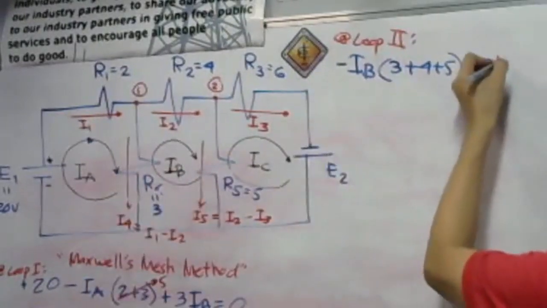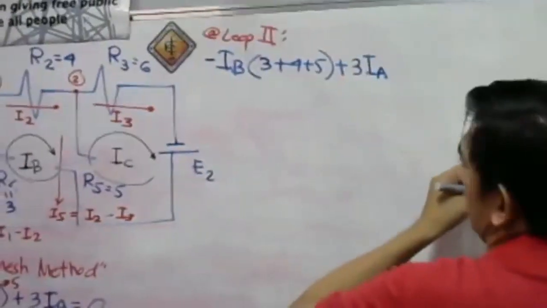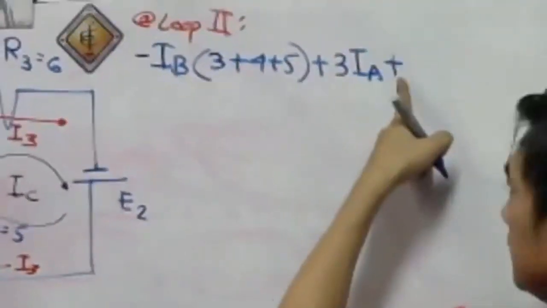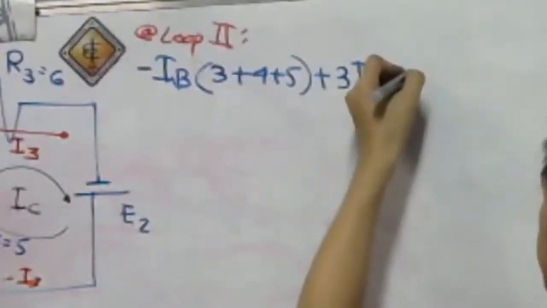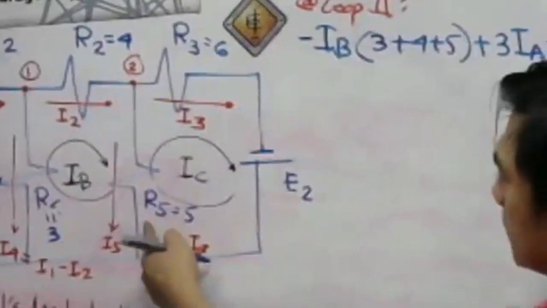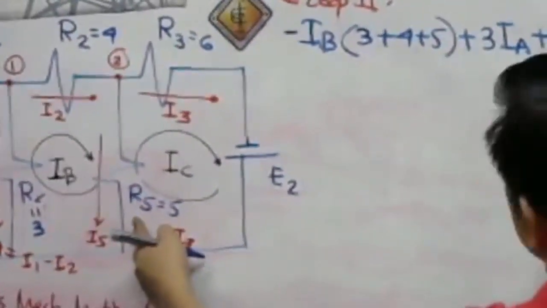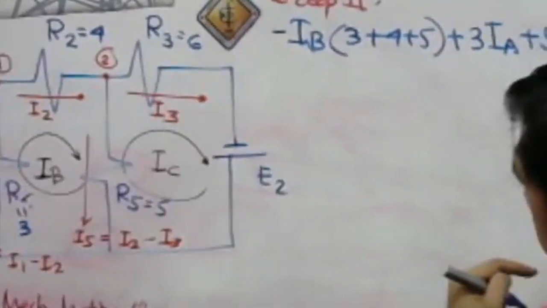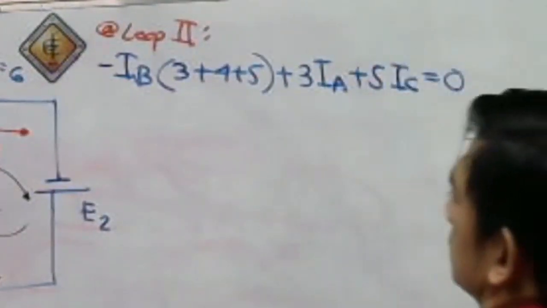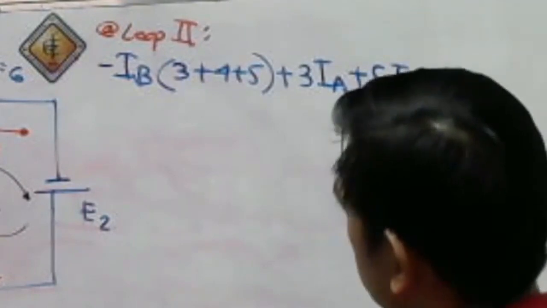3IA. And then for the 5 ohm, again automatic, it is plus 5, multiplied by IC. That is equal to 0. That is for loop number 2.